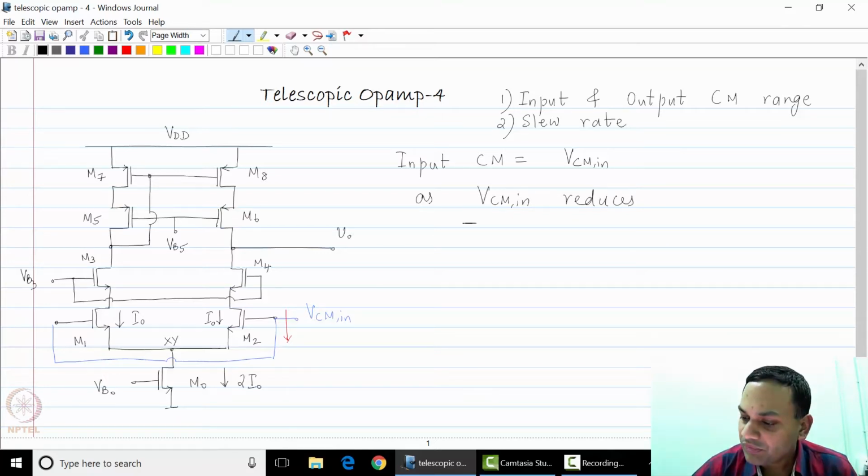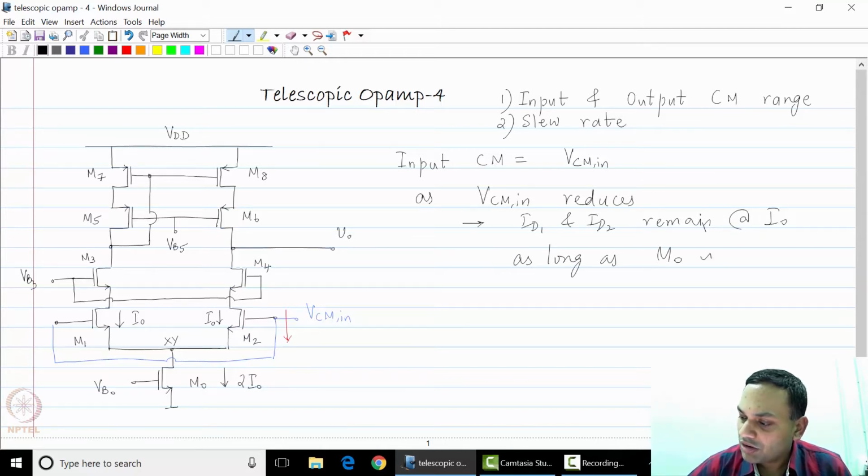As VCM in reduces, the points we will make are: ID1 and ID2 remain at I0 as long as M0 is in saturation. This means that VGS1 and VGS2 remain constant.